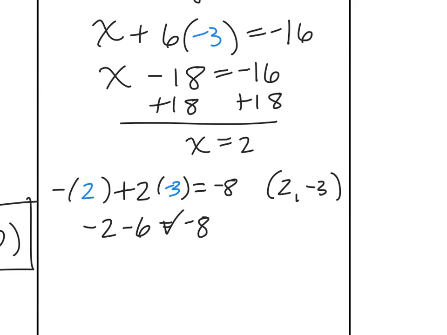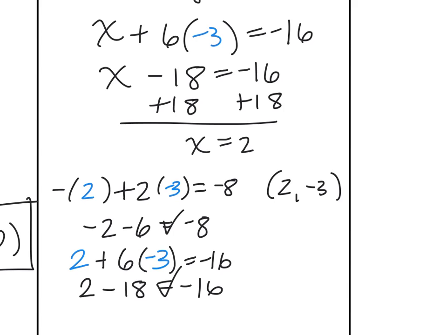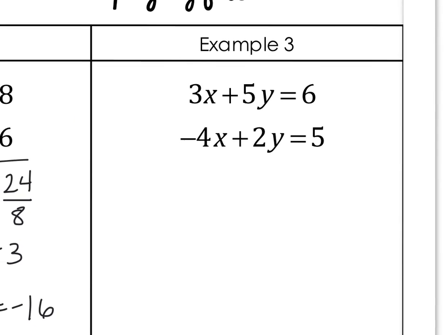That checks out. The second one is x, which is 2, plus 6y, which is negative 3, equals negative 16. So I have 2 minus 18 equals negative 16, and that checks out. Moving along to the next problem.